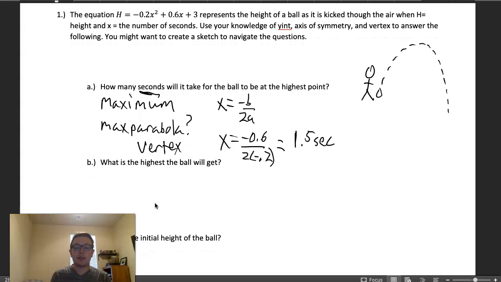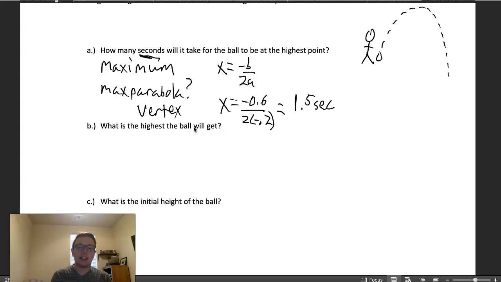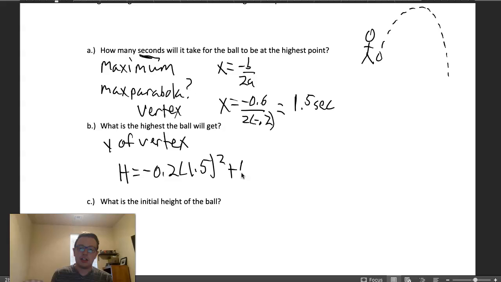What's the highest point the ball will get to? Well, the highest point will be the y value for the vertex. Meaning that all we're going to do is we're going to substitute this point 1.5 seconds in for x. We'll get h is equal to minus 0.2 times 1.5 squared plus 0.6 times 1.5 plus 3.